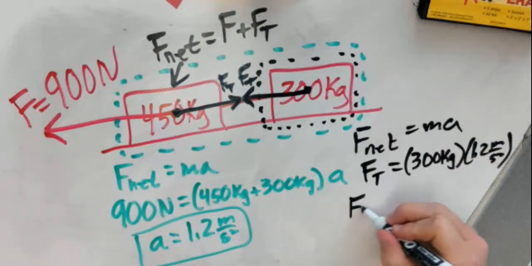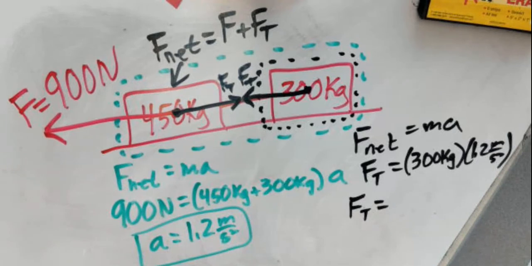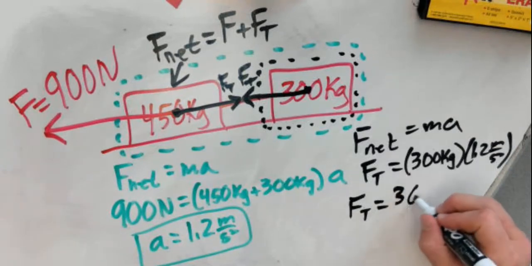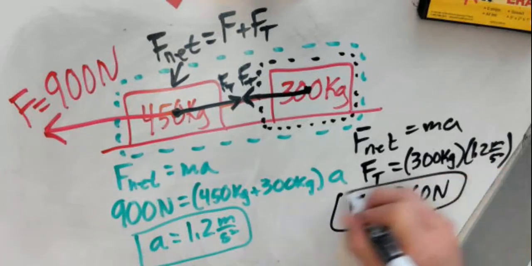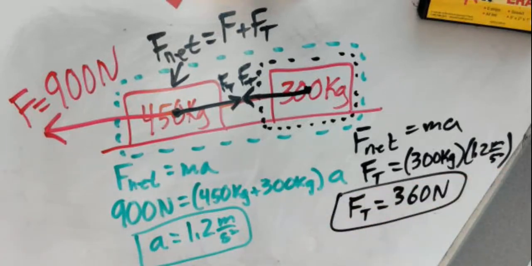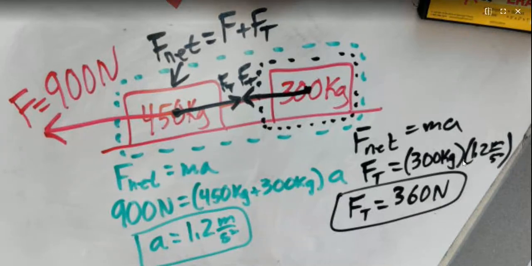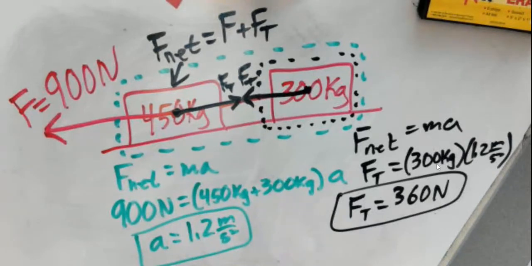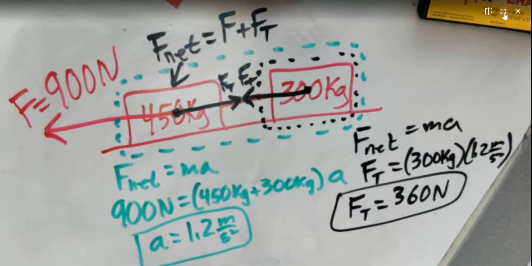So force of tension is equal to 300 times 1.2. That's equal to 360 newtons. Some people used 450 because in the homework and practice problems, we used 450. But that block has two forces acting on it. We're picking the block that only has one force acting on it.